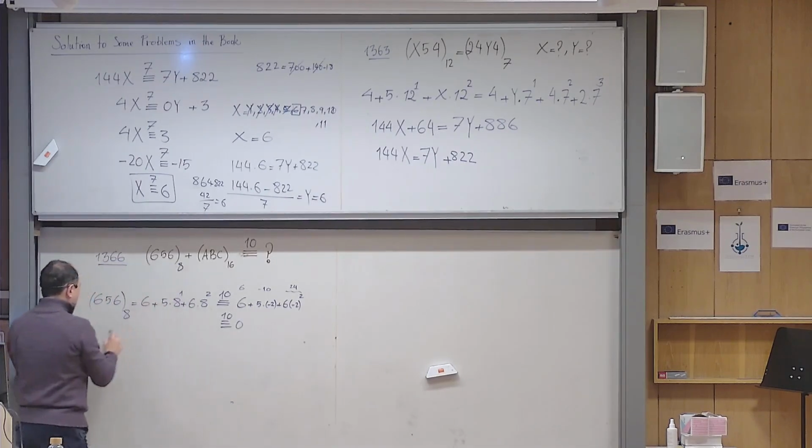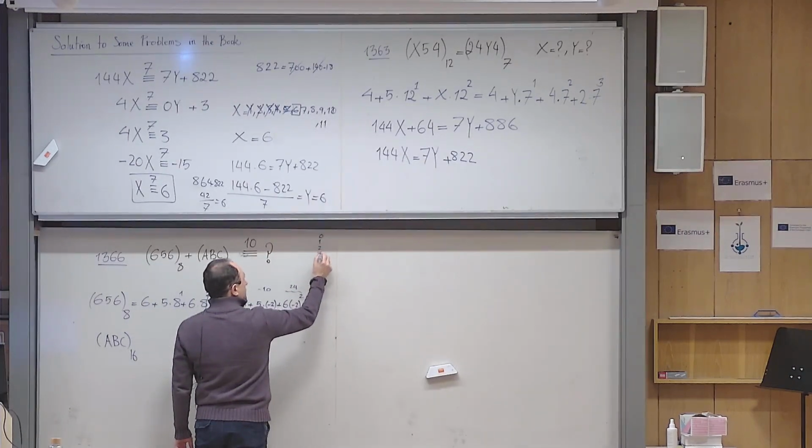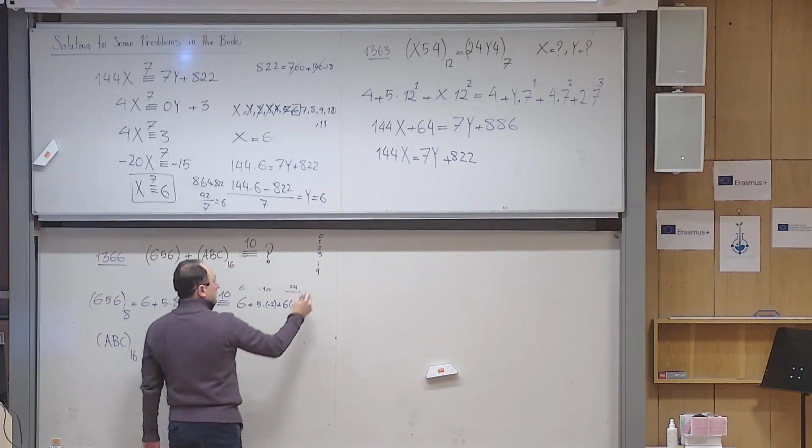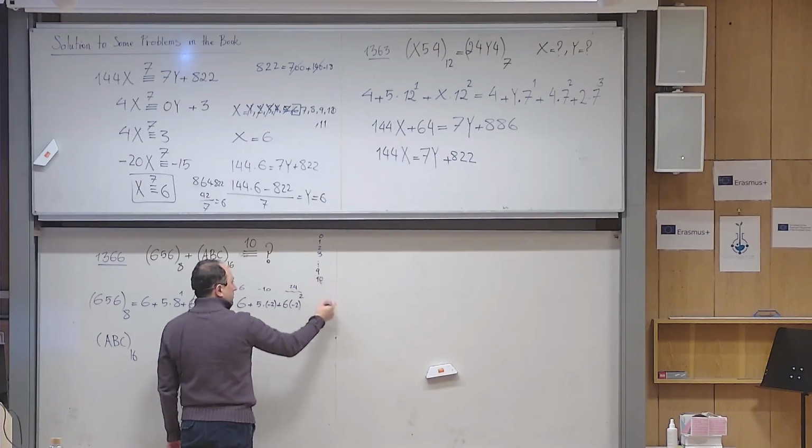But for the next one, ABC, do you remember what ABC is? We have the digits 0, 1, 2, 3 up to 9, and after that, if my base is bigger, I also need one digit which is called 10, another digit, 11, another digit.